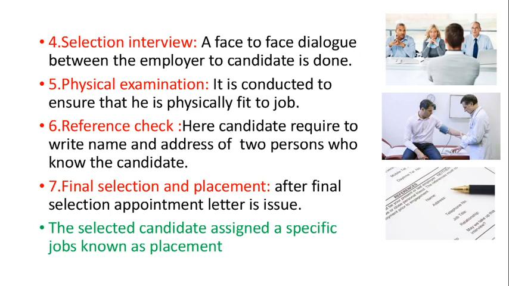And after completing all this process, the candidate is finally selected for a job, and the selected candidate is given an appointment letter, and assigning the selected candidate a particular job is called placement.